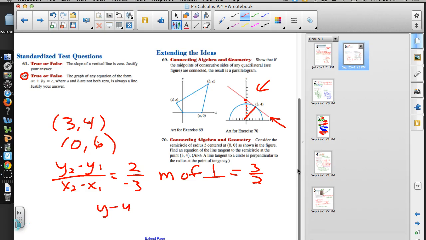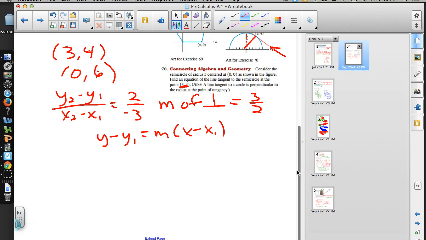And then we use the point slope formula with the point that they gave us, which is the point 3, 4. So we're going to use that slope of 3/2 and the point 3, 4, and y minus 4 will equal 3/2 times x minus 3.